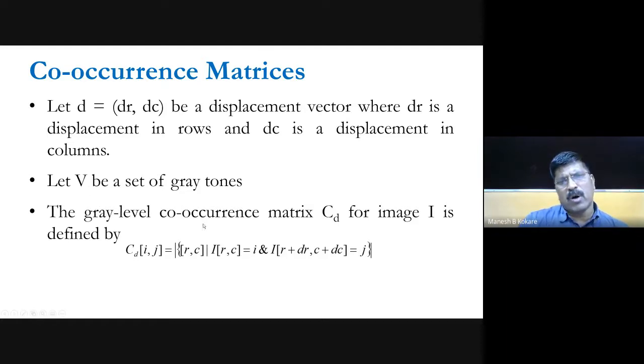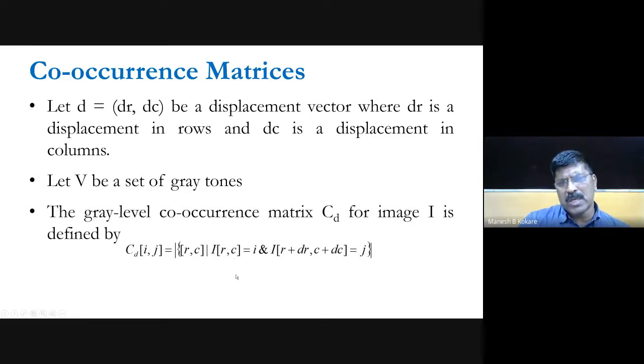So the gray level co-occurrence matrix CD for the image I is defined with this relation: CD(i,j) is the magnitude of the set of (r,c) such that I(r,c) = i and I(r+dr, c+dc) = j.